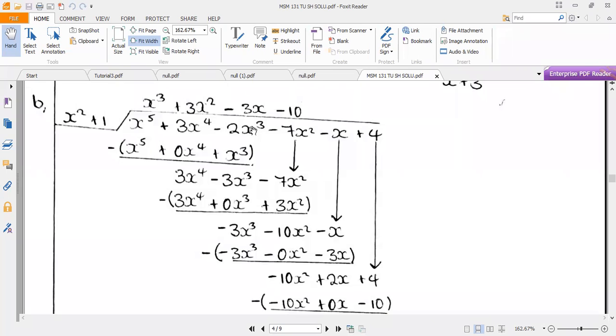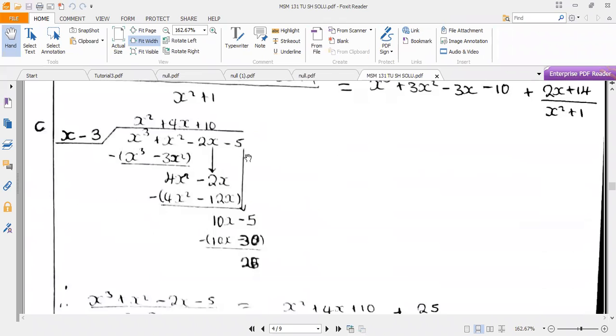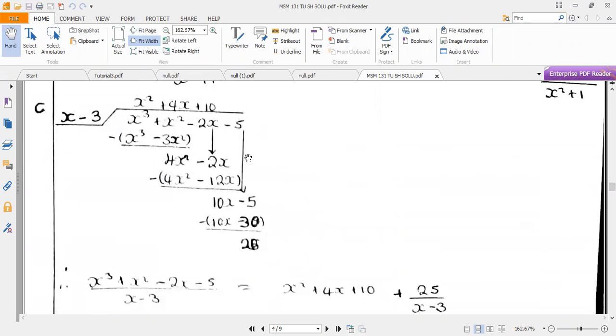After you multiplied x to the power 3 by 1, it was supposed to be under 3x to the power 4. Now, since that one is a 0, you took the x to the power 3 to the next number, which is negative 2x to the power 3. Exactly. That's where you're supposed to take it. Okay, so I'll skip question C, because it's one and the same thing.